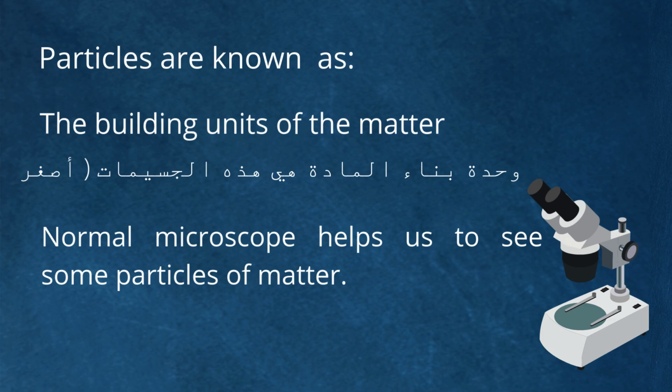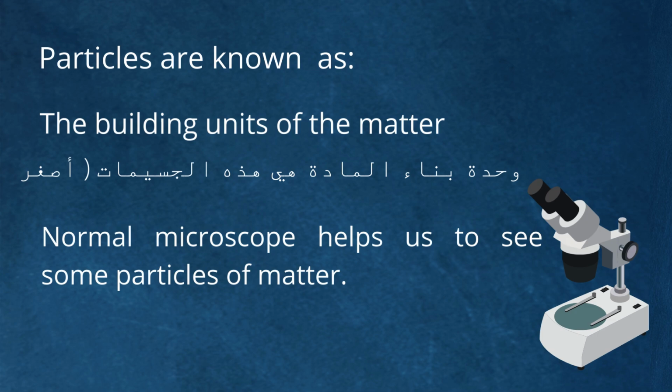So a normal microscope helps us to see some particles of matter, but some particles are so tiny that we can't see them with this normal microscope. We need another microscope that we will study after a while to see these particles.